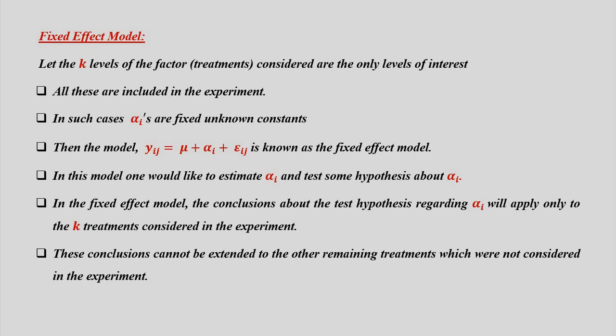In this model, one would like to estimate alpha i and test some hypothesis about alpha i. In the fixed effect model, the conclusions about the test hypothesis regarding alpha i will apply only to the k treatments considered in the experiment. These conclusions cannot be extended to the other remaining treatments which were not considered in the experiment.